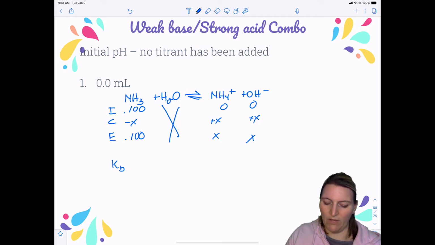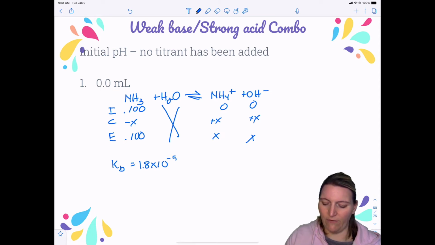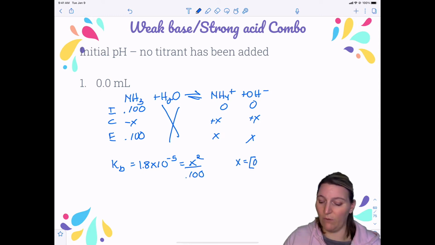Now the Kb for ammonia is actually the same as the Ka for acetic acid, 1.8 times 10 to the negative 5. And that equals X squared over 0.100. Remember, when we solve for X this time, what we're actually solving for is the OH minus.